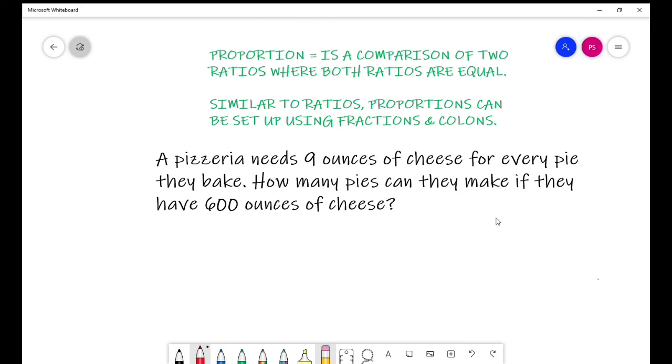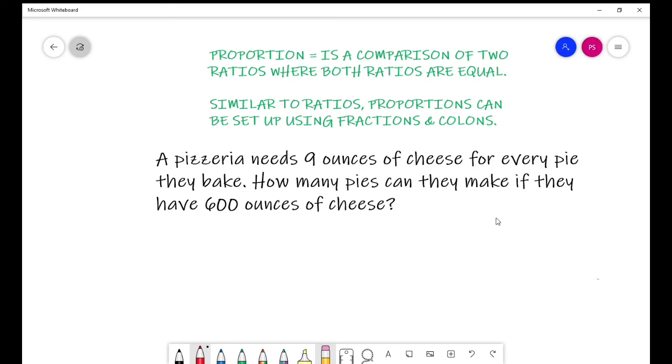Let's look at this next example that can further clarify proportions for you. Remember, proportion is a comparison of two ratios where both ratios are set to be equal. So in our case here, a pizzeria needs 9 ounces of cheese for every pie they bake. How many pizza pies can they make if they have 600 ounces of cheese?